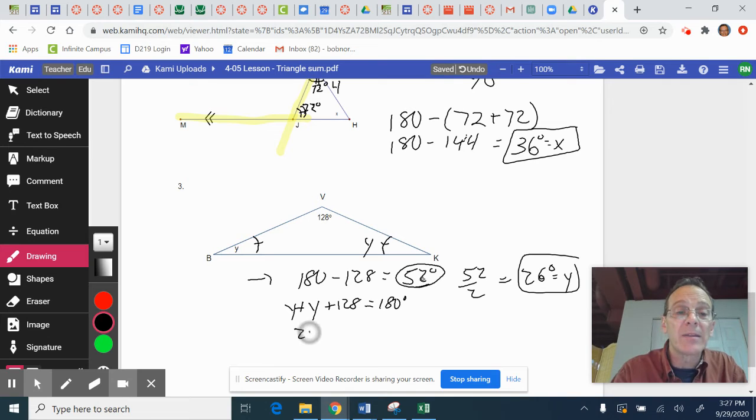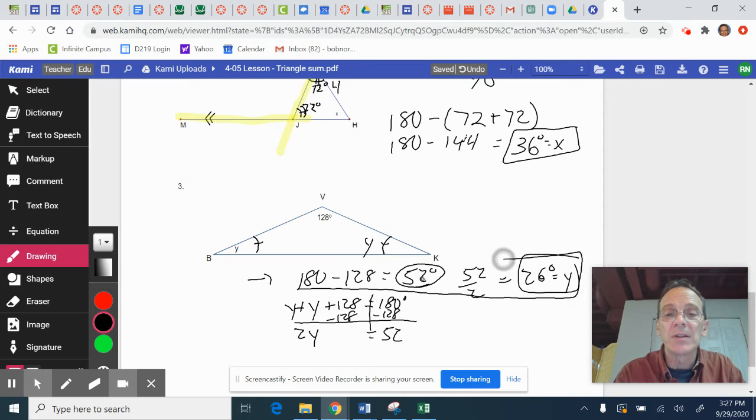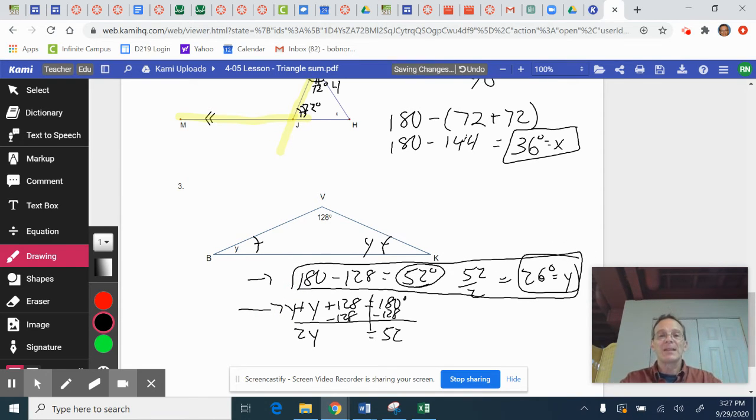Then combine the y's together, subtract the 128 from both sides, and we will get 2y is equal to 52, and then divide both sides by 2, and you got your value, right? Subtracting 128 from 180 and then dividing by 2. That's exactly what we did in this approach here. We just didn't do it using such formal algebra, right? So that's not really much different, okay?